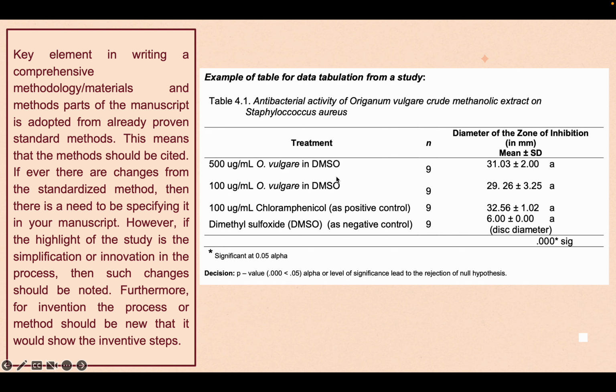So, we have different treatments. Treatment 1, treatment 2, treatment 3, treatment 4. So, different treatments yield the diameter zone of inhibition.